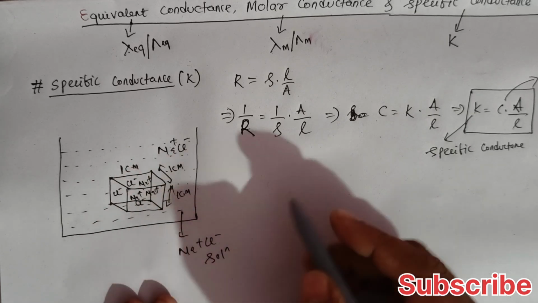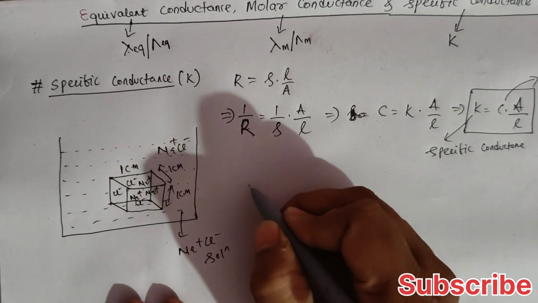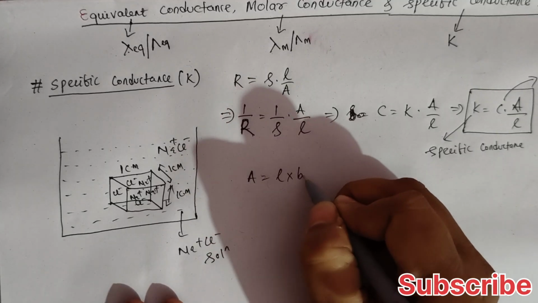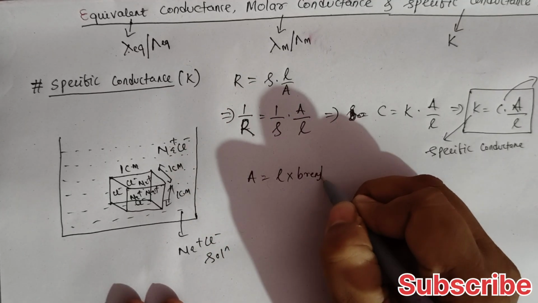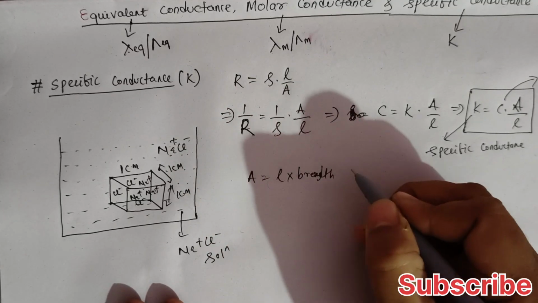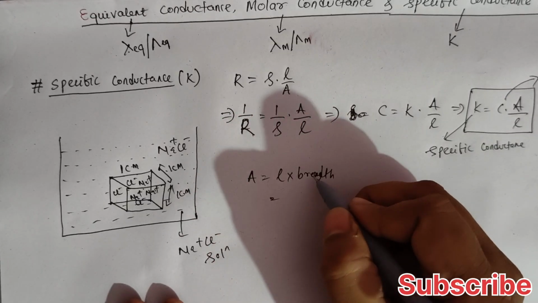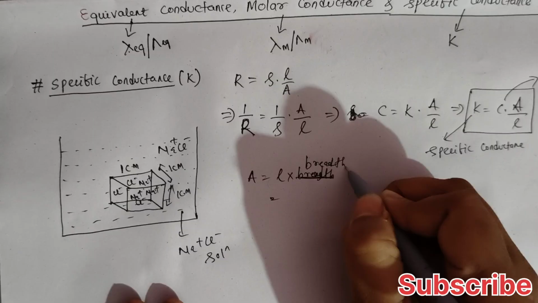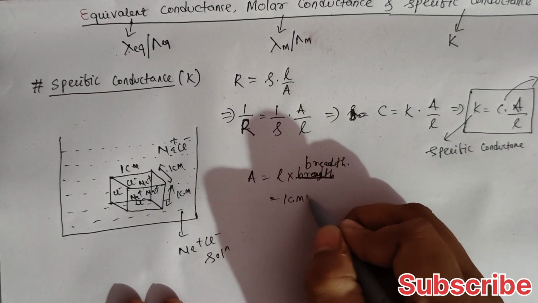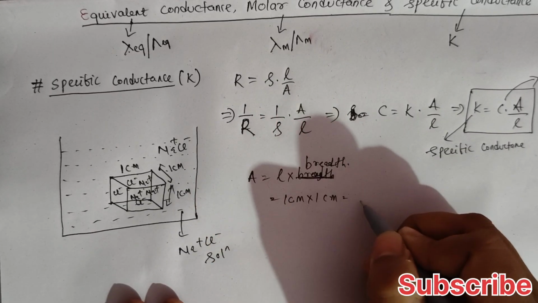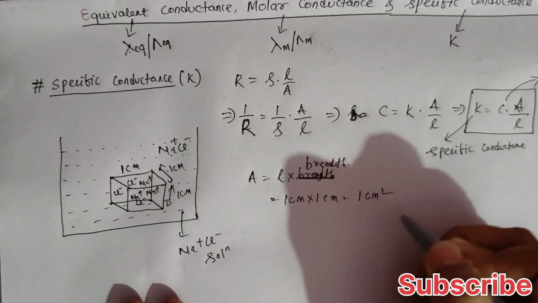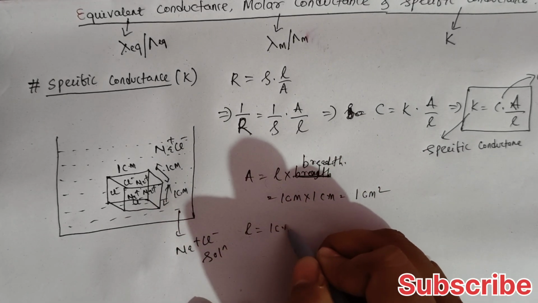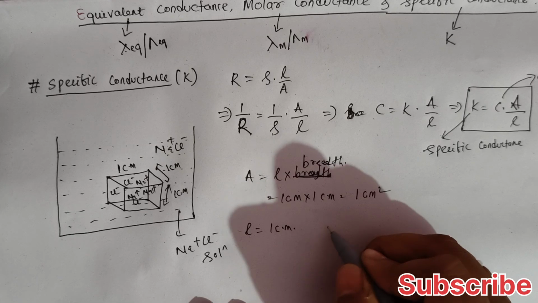If I take here length, area means what? Area means length into breadth. Length is 1 centimeter, breadth is 1 centimeter, so 1 centimeter square. Length equals 1 centimeter.